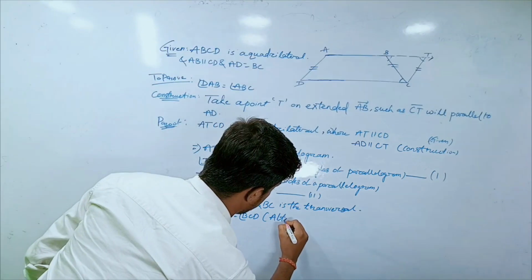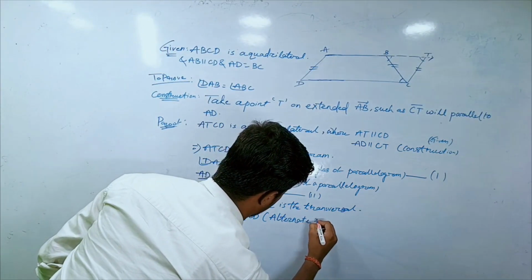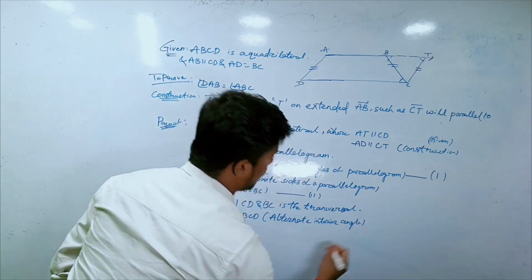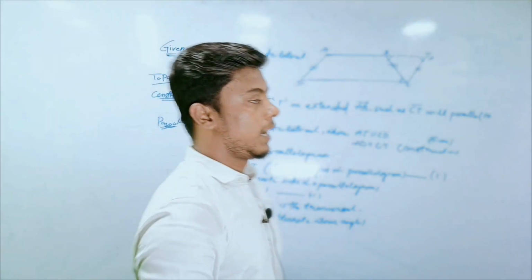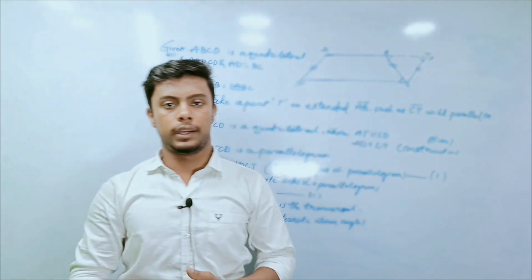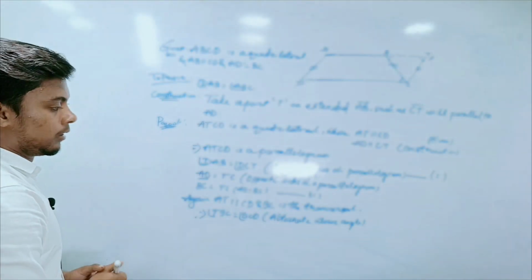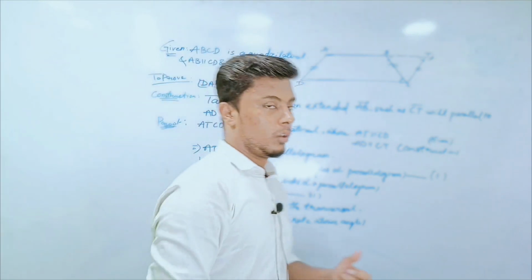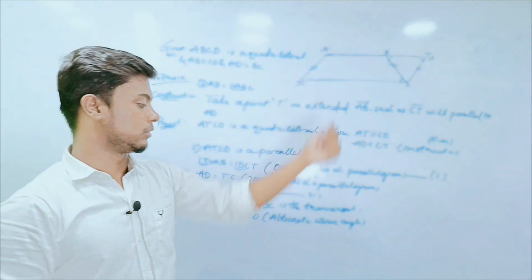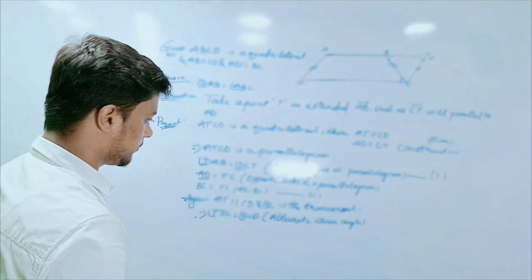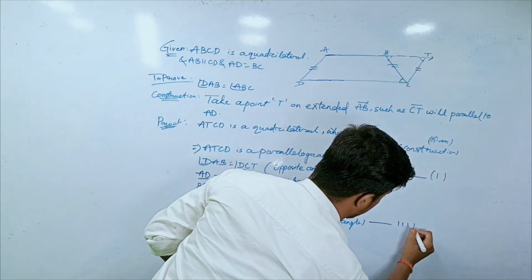Why? Alternate interior angles. Students, also remember what alternate interior, co-interior and corresponding angles are. These rules are needed to prove your deductions. So TBC equal to BCD; make this equation 3.